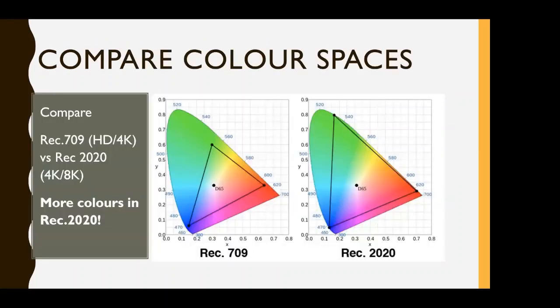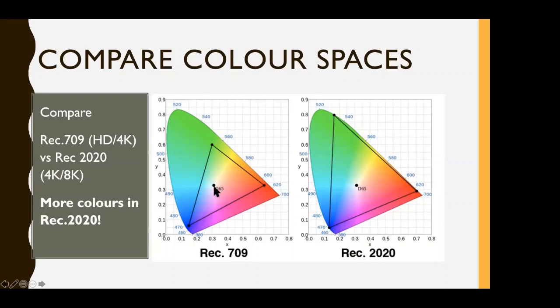Again, just to quickly compare them, I've isolated the two of them. Here's Rec.709 and Rec.2020. What's interesting about these two, and the reason I like this diagram, is that white is in the same place. This isn't always true, but in this case white is in the same place because it's an equal mixture of the colors. It's the same value, D65, I think is what it says here. Yep, D65 is white.